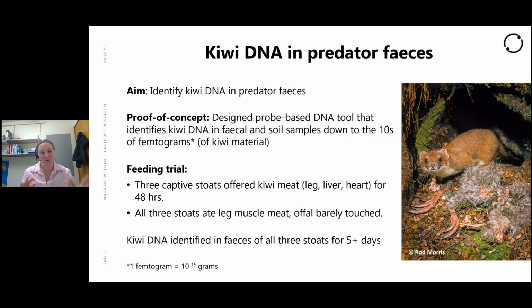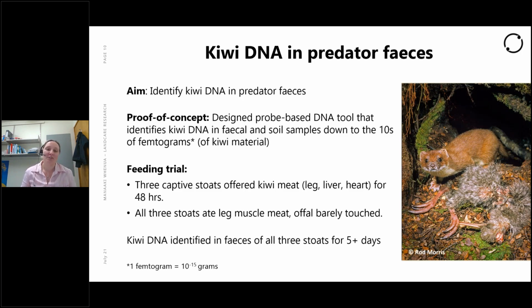For those of you who don't come from a molecular background, the best way to think about that is literally as a probe. You can imagine that in feces, there's a huge amount of DNA: bacterial, host, everything they've eaten. And you're going to take a probe and pull out the one piece of DNA that belonged to the kiwi, and you're going to amplify that.